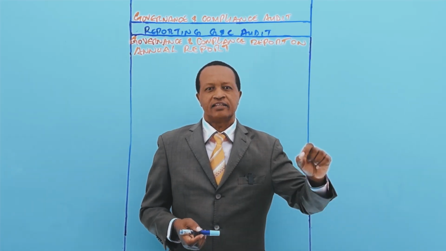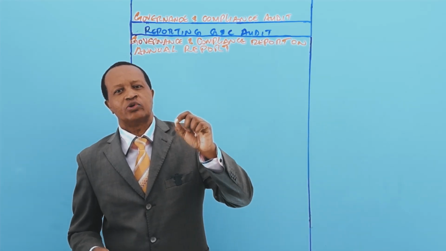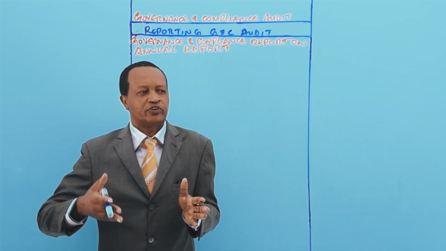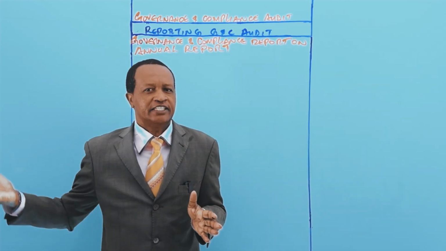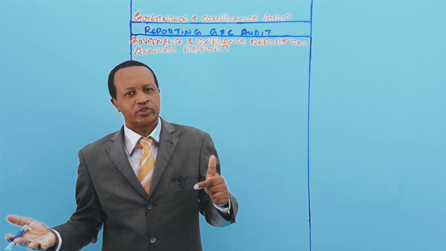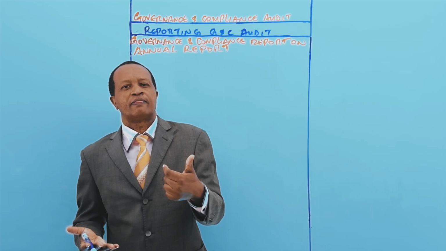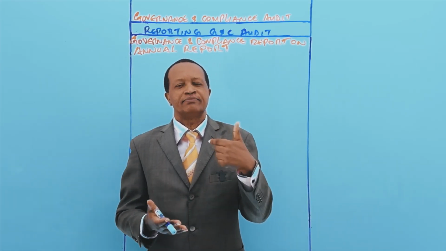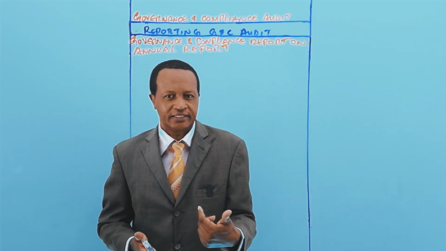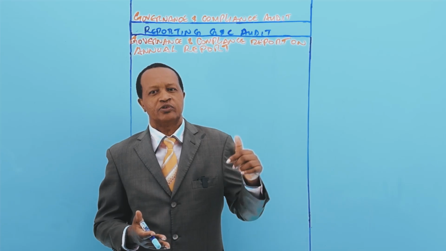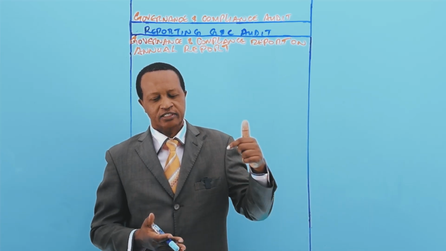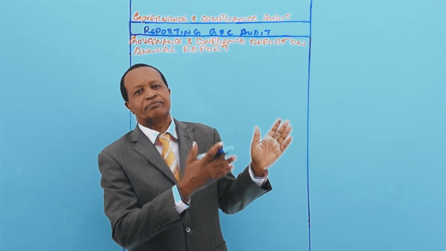Unlike a private internal audit report, which focuses on specific failings, the report in the annual report is a statement of compliance that is intended for the shareholders, regulators, and the public.